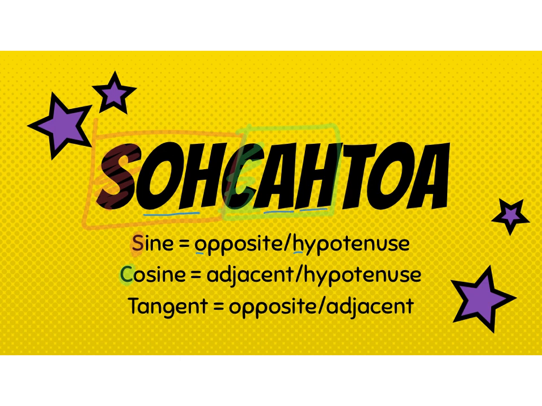And then the A and the H is adjacent over hypotenuse. Finally, the TOA, the T stands for tangent. OA is opposite over adjacent. Hopefully this will help you remember each of the rules for sine, cosine, and tangent.